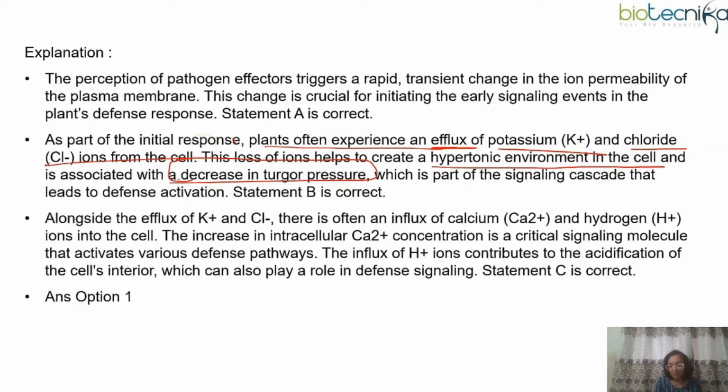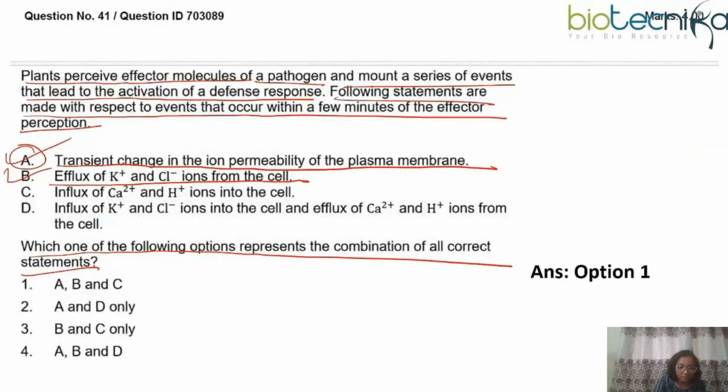When potassium and chloride ions leave, that is followed by exit of water also. If water goes out, then there is a decrease in turgor pressure of the plant cell, and this decrease in turgor pressure is actually a signal. The plant is trying to send a signal to activate the defense mechanism. So statement B is correct.